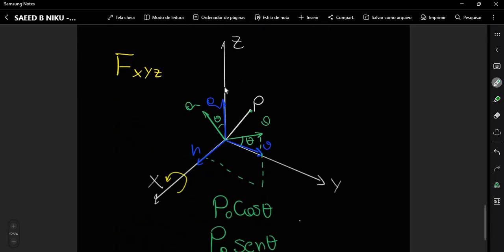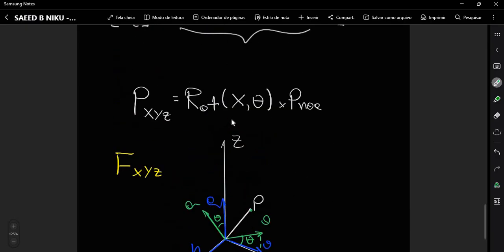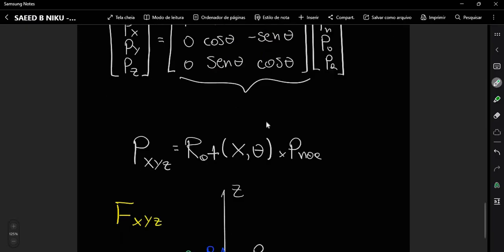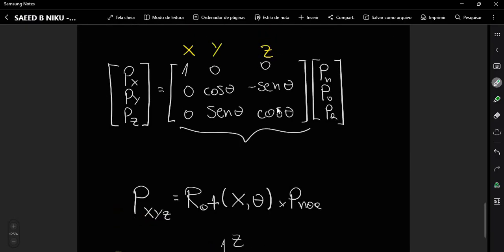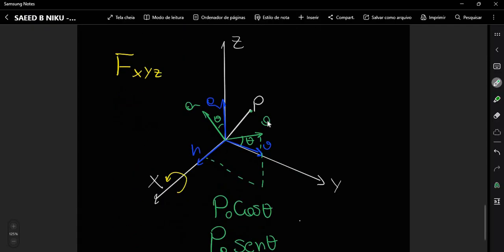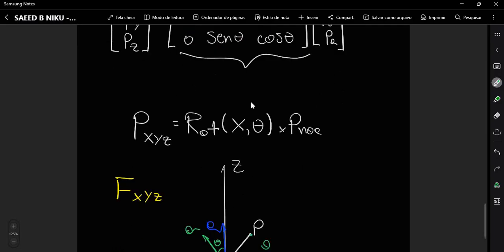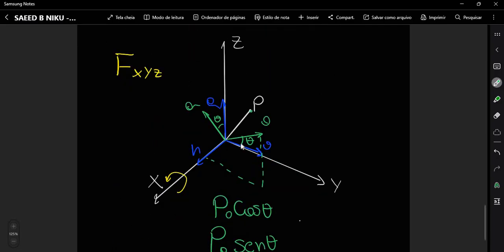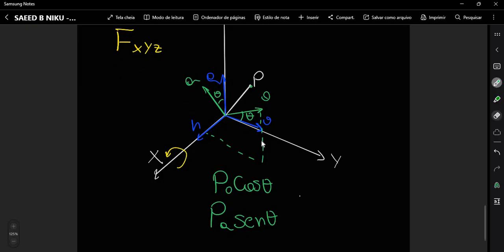Okay, cosine and sine. And the same for the axis Z. Hope you got it.